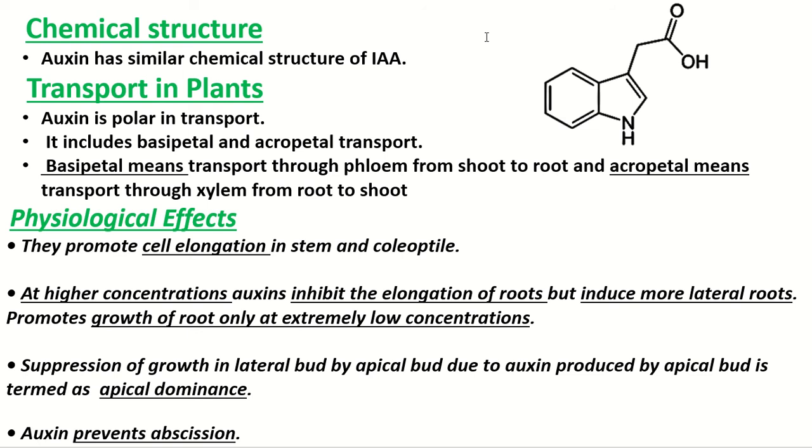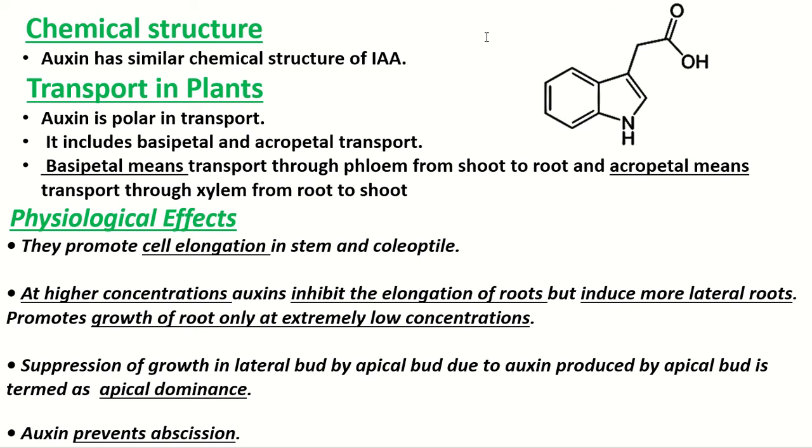The lateral bud won't grow because the auxin does its physiological activity and develops the apical bud alone. It forgets to take care of the lateral bud. So this is called apical dominance.